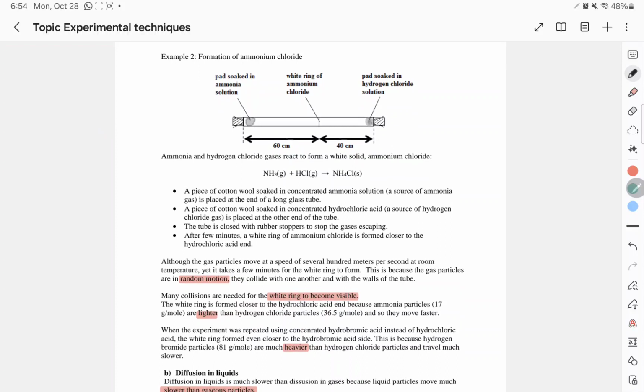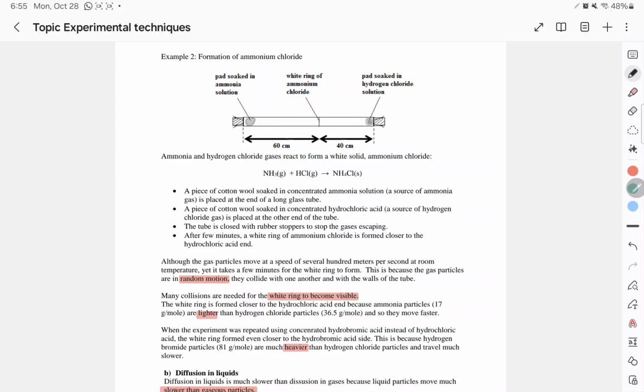And here, formation of ammonium chloride. It just tells you that a white ring of ammonium chloride is going to form closer to the hydrochloric acid ring. And it's because hydrochloric acid is lighter, or is it heavier? It's heavier. If it's closer to it, then it's heavier than ammonia.